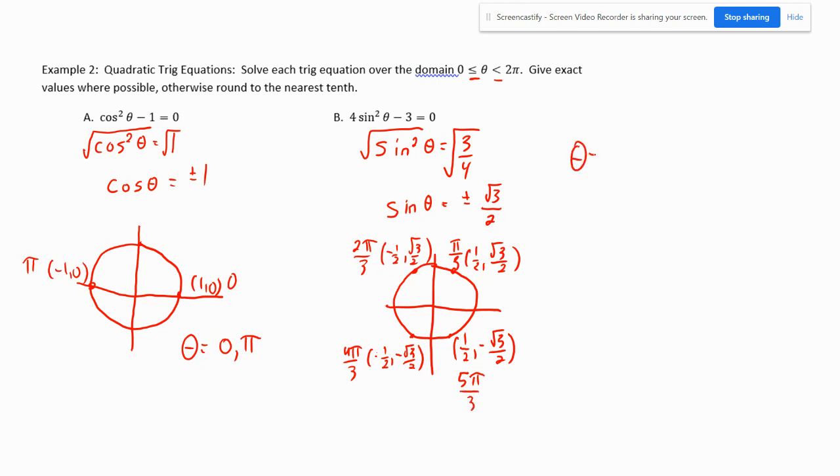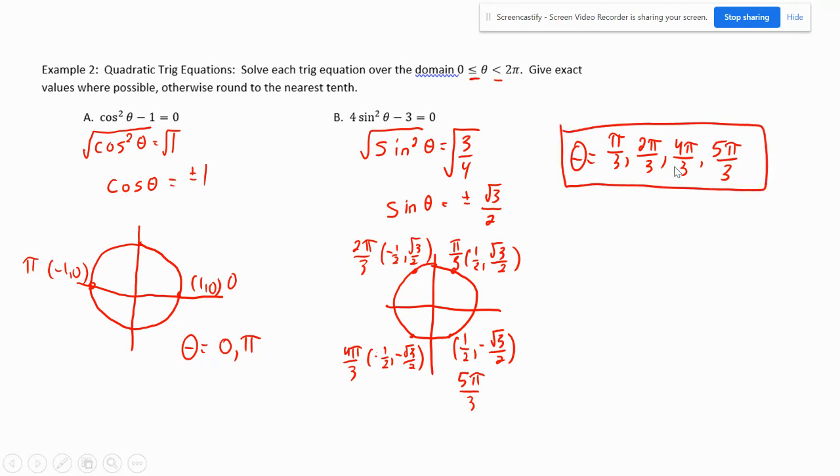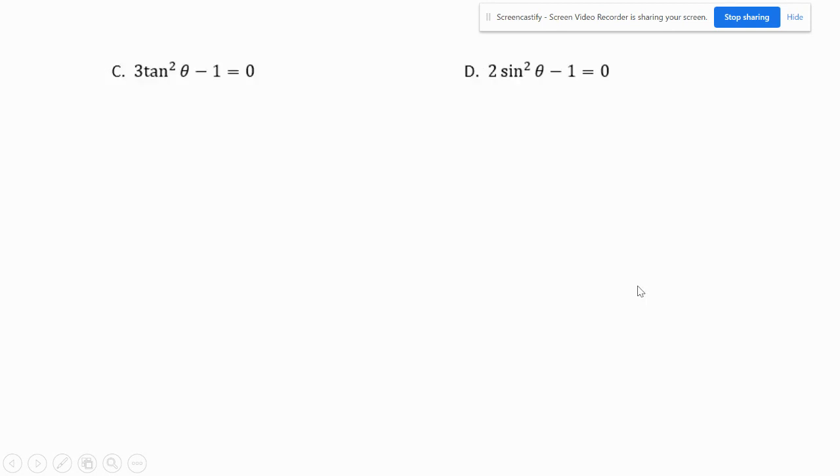So theta equals those four solutions right there.